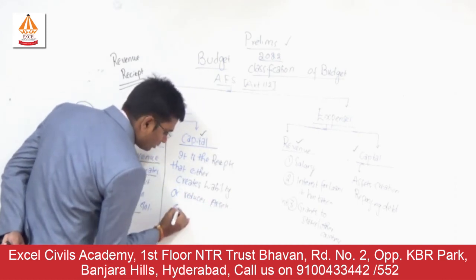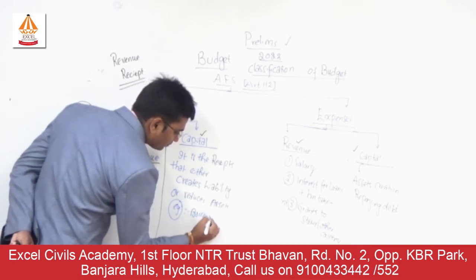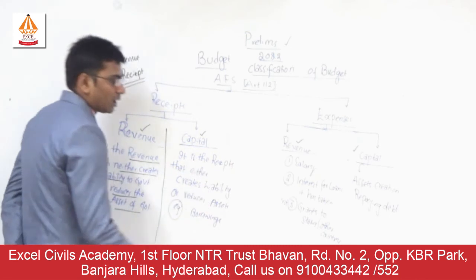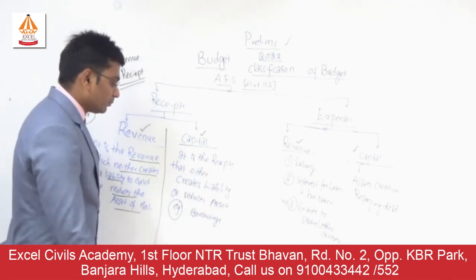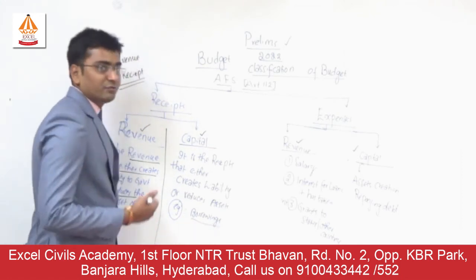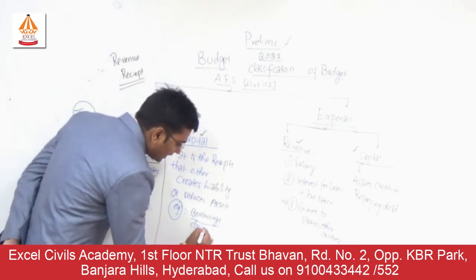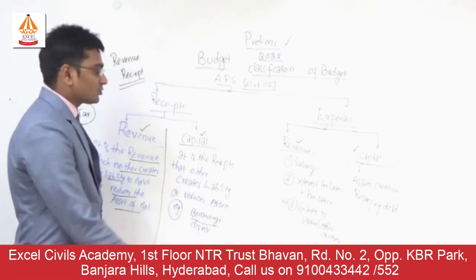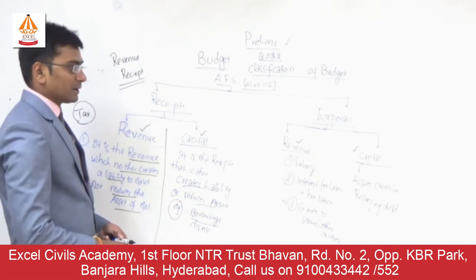Example: borrowings from outside. Borrowings from outside is a liability to the government because it has to be paid back in future. Similarly, disinvestment reduces your assets. So this forms your capital receipts.